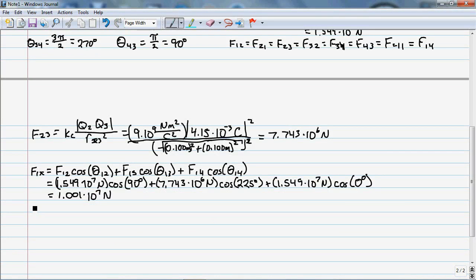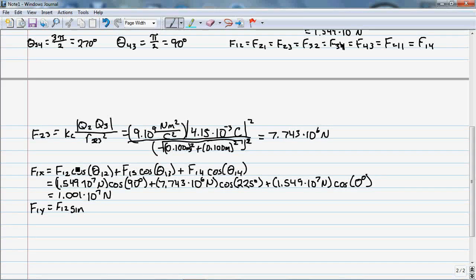And now we do the y component on force 1, and that's going to be F12. And now, because it's in the y direction, instead of the cosines, we're going to have sines. Right?